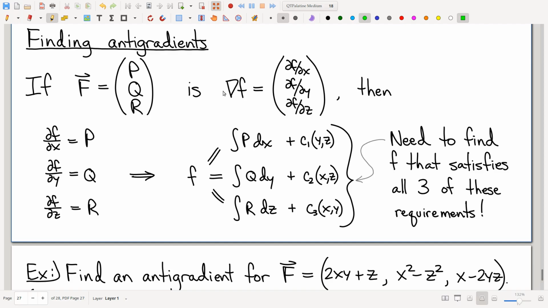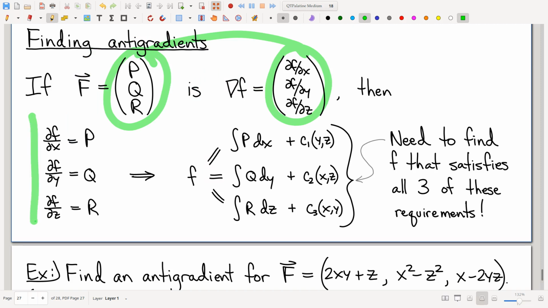Suppose we have a vector field that actually is a gradient of something. What would we be able to conclude? Well, the coordinates would have to be equal, which gives us these 3 equations.